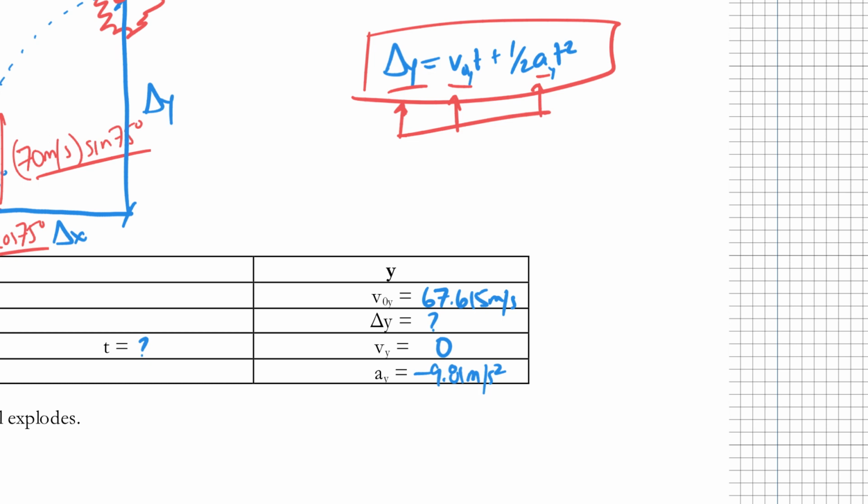So the way that we would normally do it is, we don't have time yet. So usually, if you don't want to end up there, let's avoid that equation. What you're going to do is solve for Vy first. And since you don't have time, usually the best way to get that is this equation.